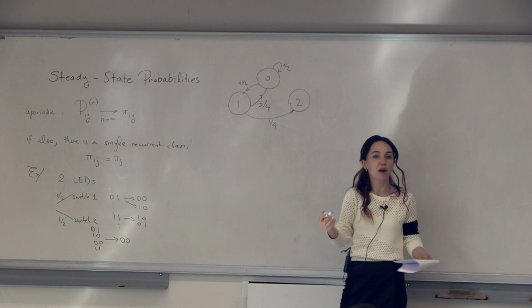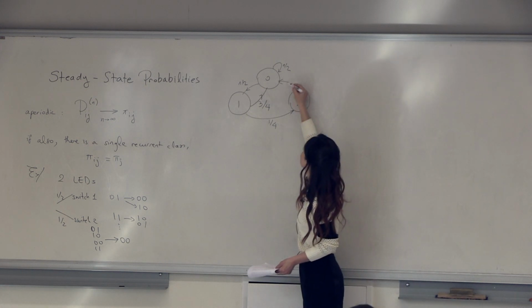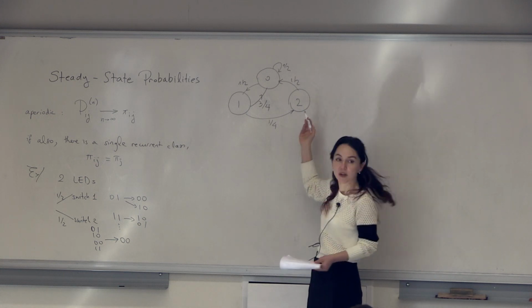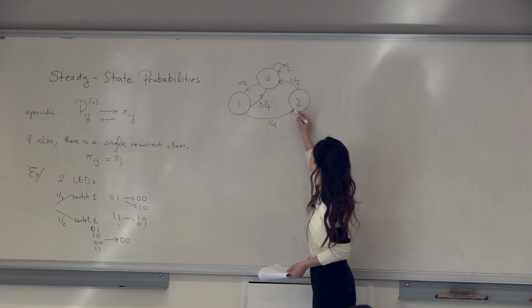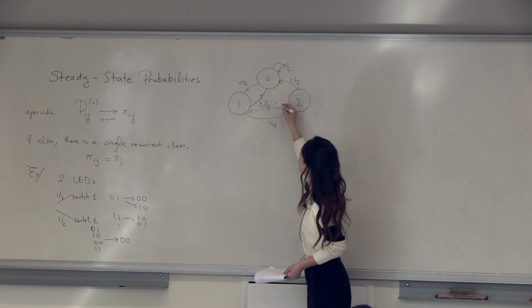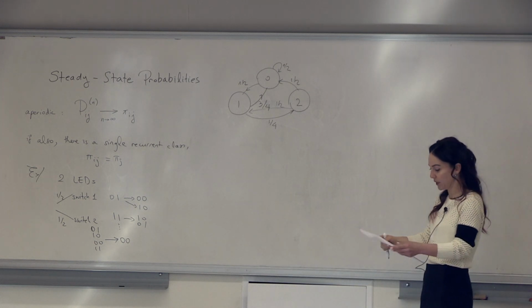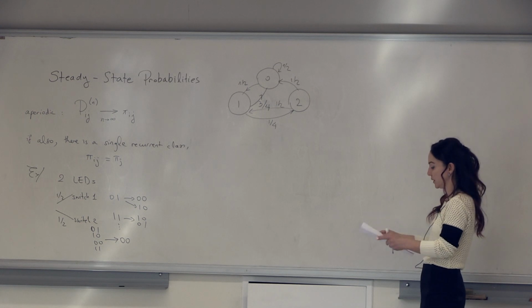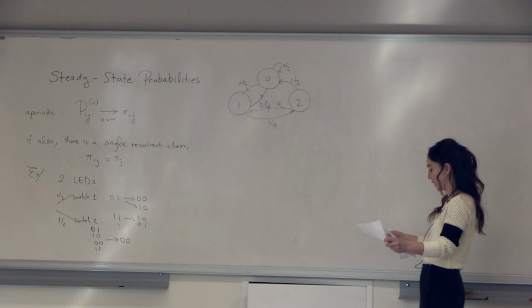Going to 0 requires switch 2. That happens with probability 1/2. And there's no staying at 2, so going to 1 happens with probability 1/2. Okay, so unless you have an objection, these are the transition probabilities.